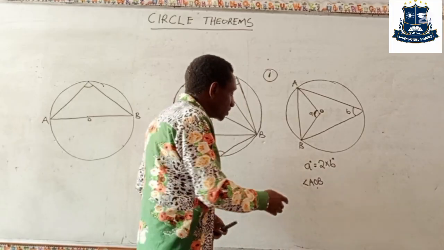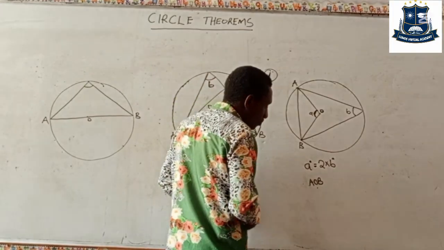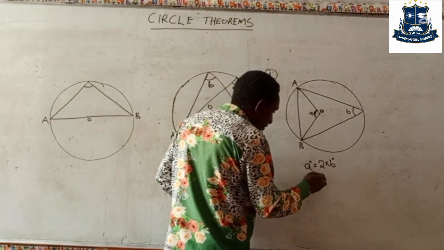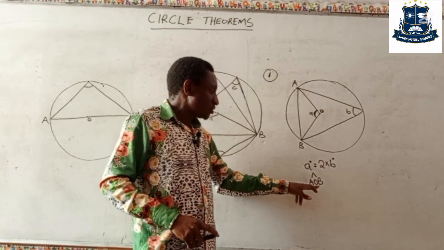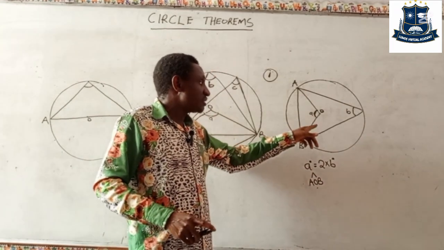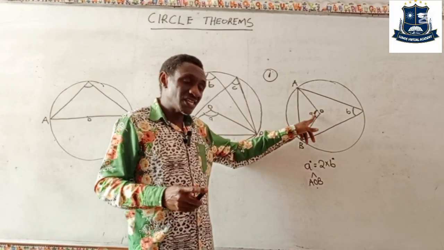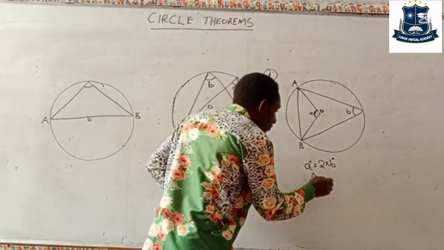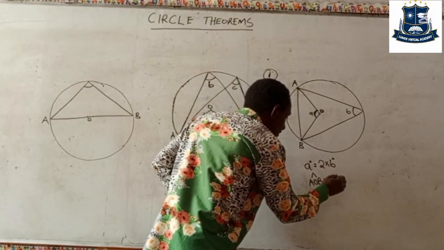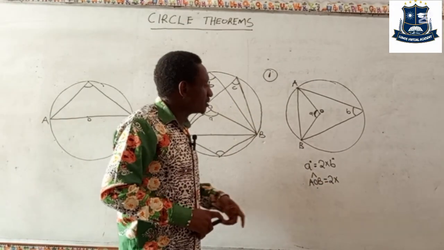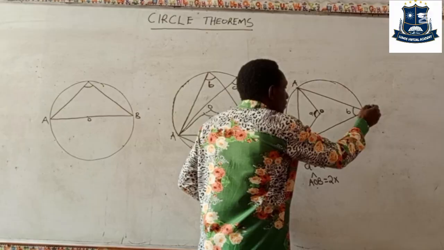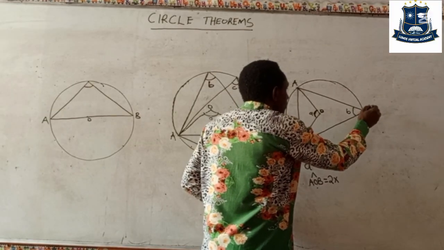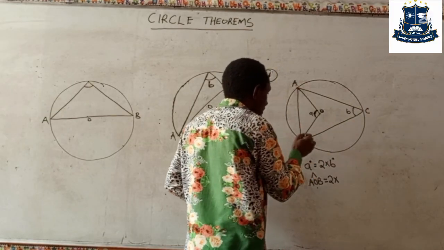Now, if we don't use it like this, we can put it like this: angle AOB. Angle AOB simply means the angle at O, which is equal to 2 times the angle at B. Now, here, let's call it C. Call it A here, C here, B here.